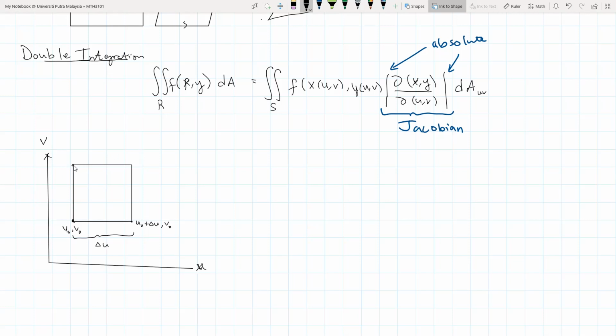And then these points correspond to a change in delta V. So this is U0 and then V0 plus delta V. And then therefore this point is the whole thing. Okay, and then after some transformation, it will become something like this.